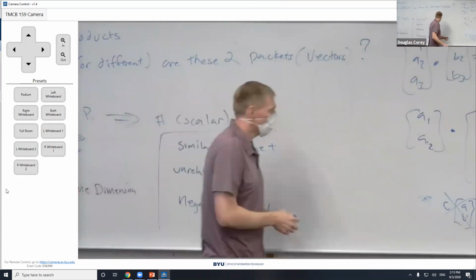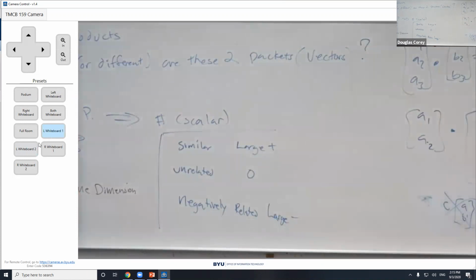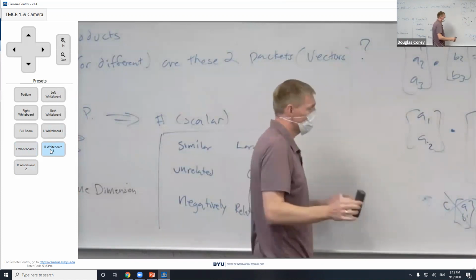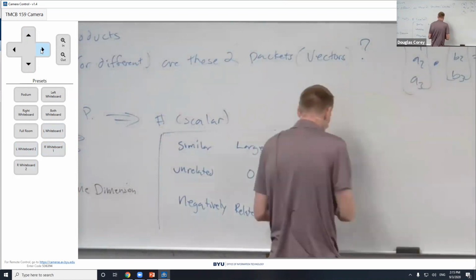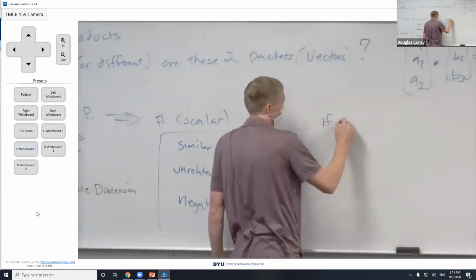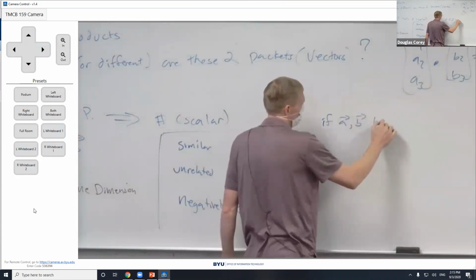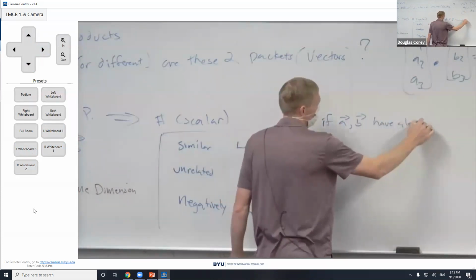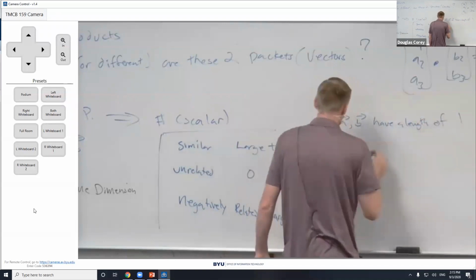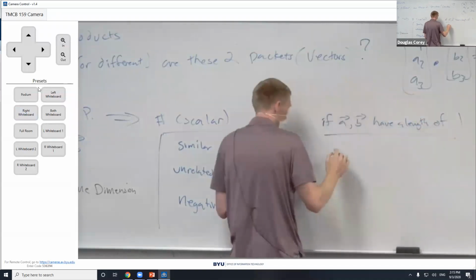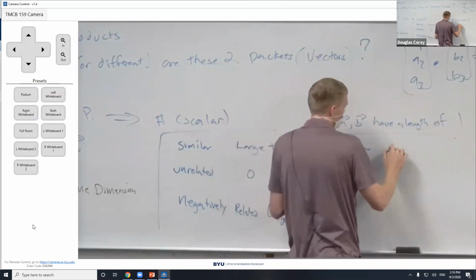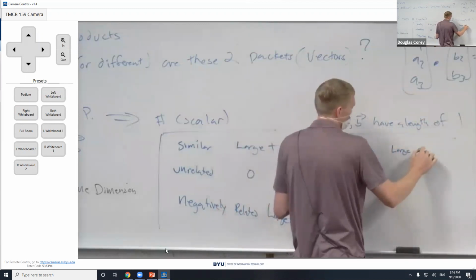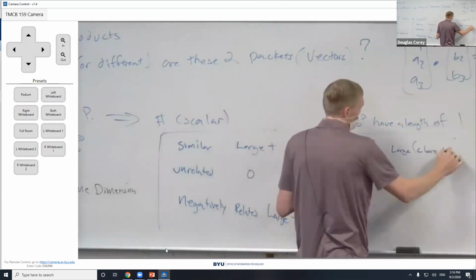Since that's sometimes not a good thing, dot products are really nice if the two vectors have a unit length. So if they have a length of 1, if A and B both have a length of 1, then if they're similar, they will be large, which is close to 1.